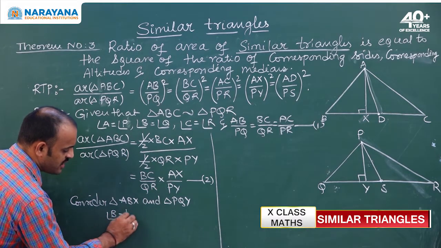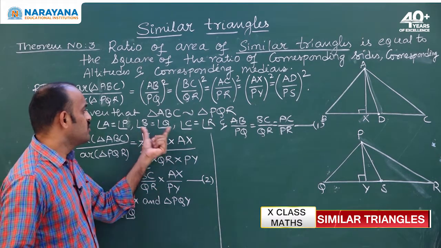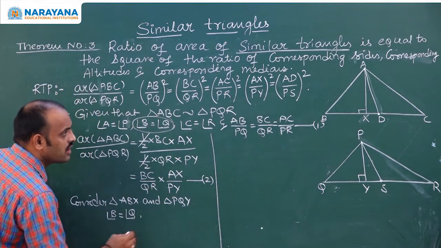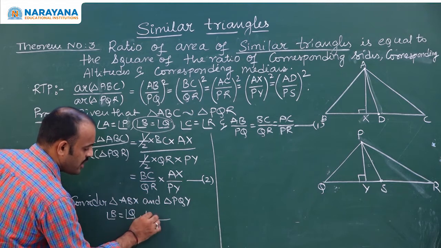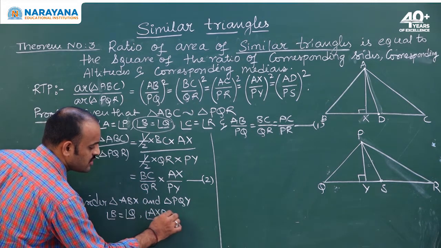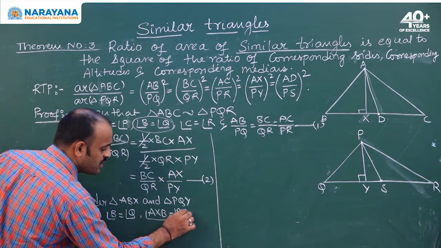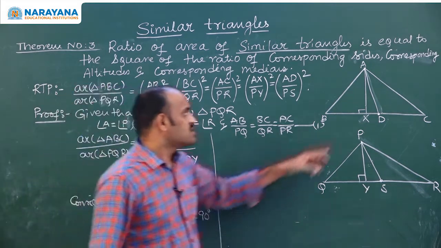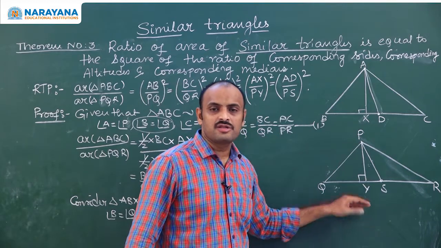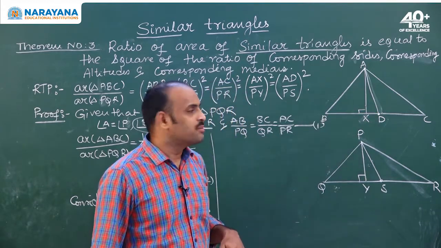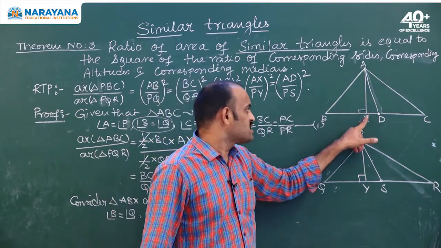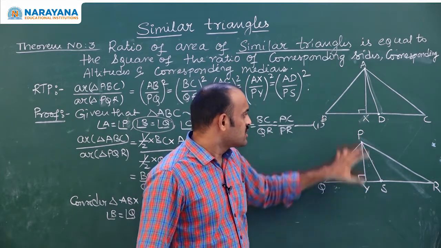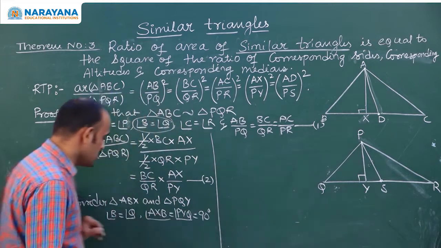Angle B is equal to angle Q, already we know that. Also, angle AXB is equal to angle PYQ is equal to 90 degrees, as AX and PY are altitudes, they make 90 degrees with the base.